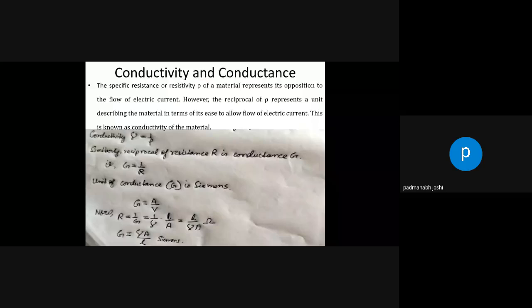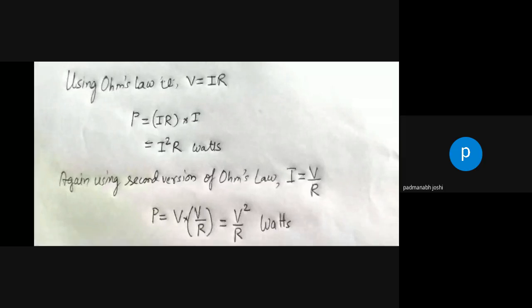Now I'll give the problem on these two, and that will also involve Ohm's law. As per whatever we have got, we can write P equals VI, power is equal to voltage into current. Again, using Ohm's law, we can write V equals IR, current into resistance.